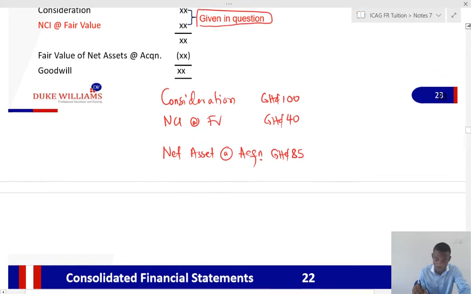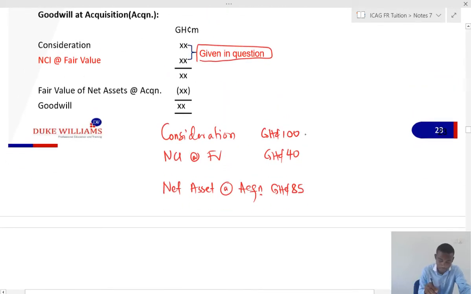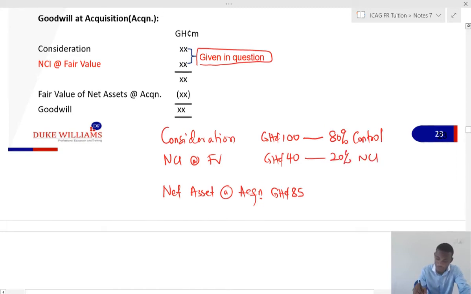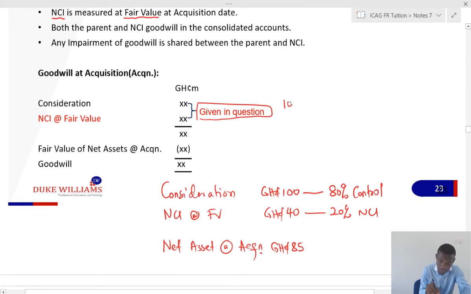And let's say the consideration is for 80% control, and that will be 20% for NCI, non-controlling interest. So if we are to put this into this calculation, it means that the consideration is 100, NCI value is 40, we have total of 140, and the net asset fair value 85.